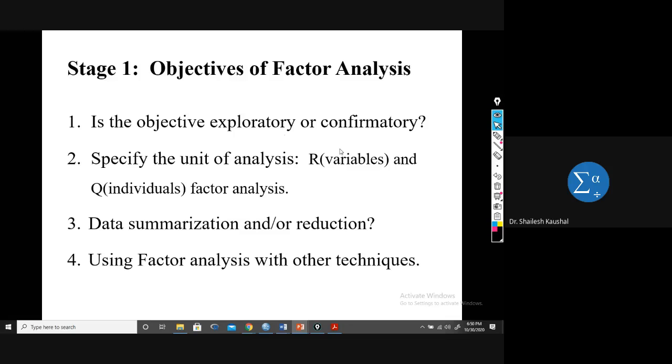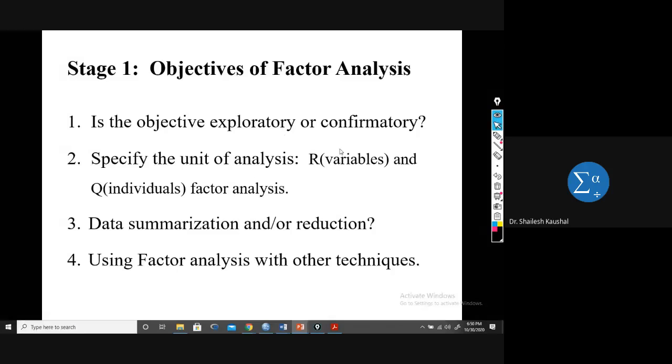Now specify the unit of analysis. First, we want to conduct exploratory factor analysis, not confirmatory factor analysis.